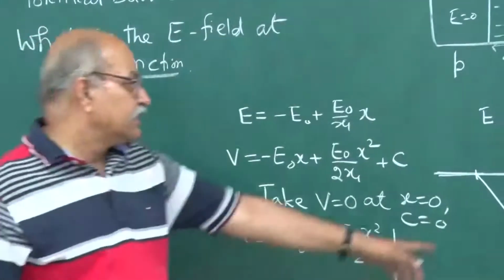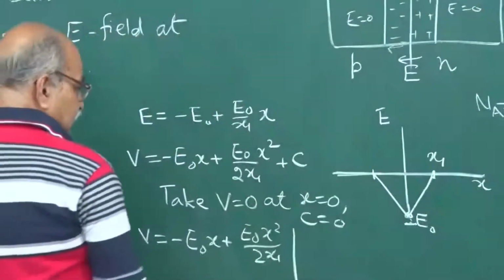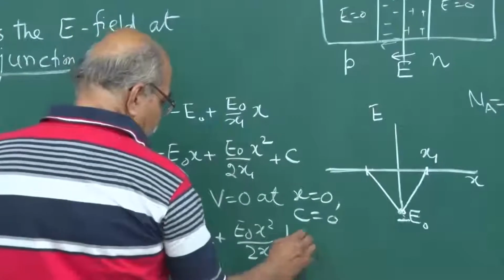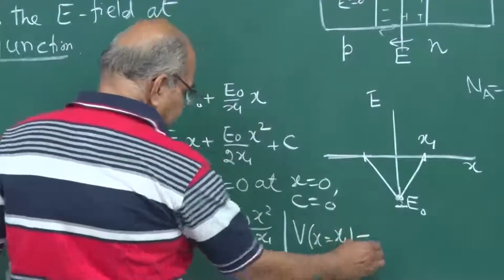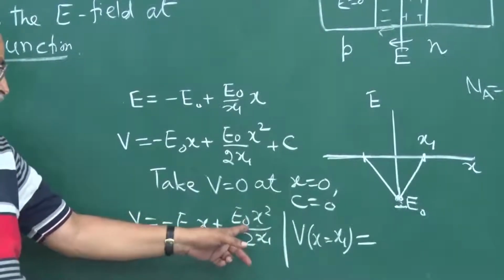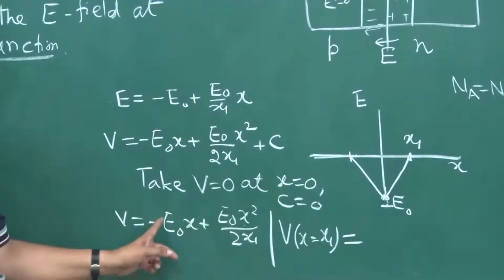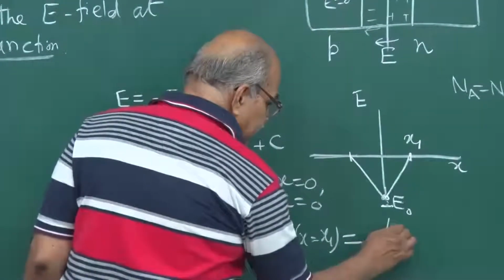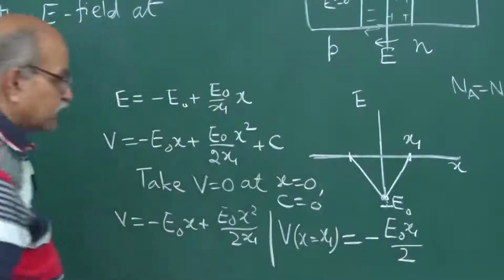And what happens at x equal to x1 and beyond? Electric field is 0, so the potential will be constant. So V at x equal to x1 is E naught x1 by 2 minus E naught x1, so it is minus E naught x1 by 2. That's the potential.